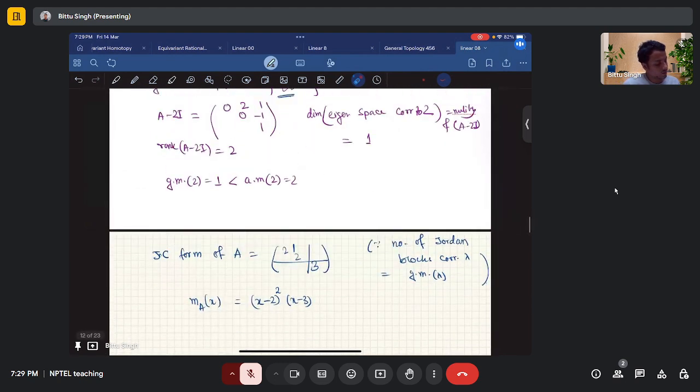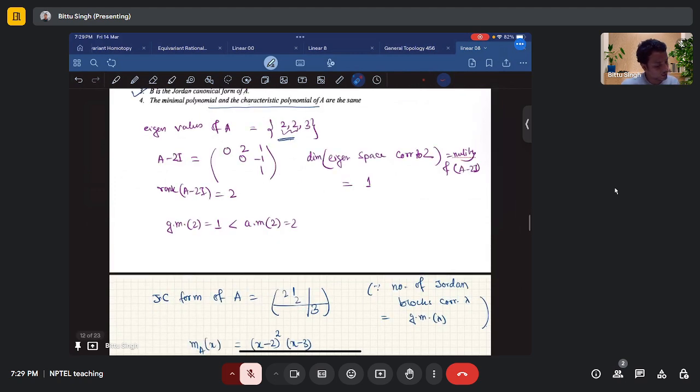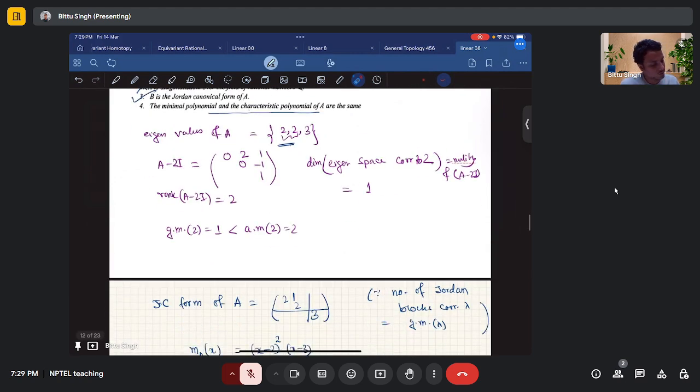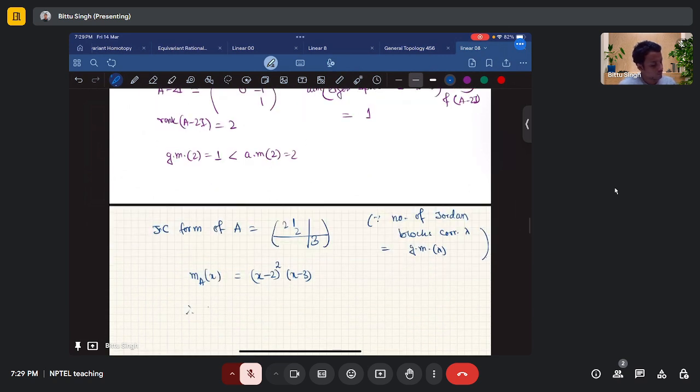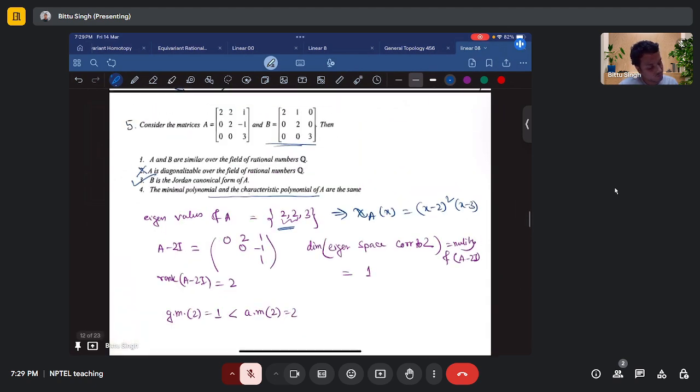So it is clear that those two are the same. m_A(x) is the same as chi_A(x), because the characteristic polynomial chi_A(x) is x minus 2 whole square times x minus 3. So this option is correct.